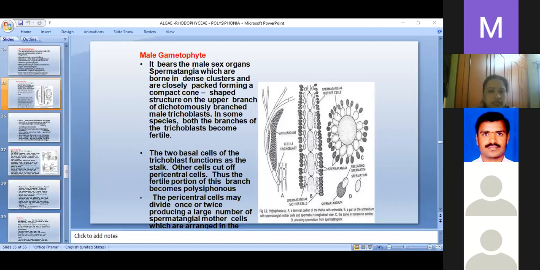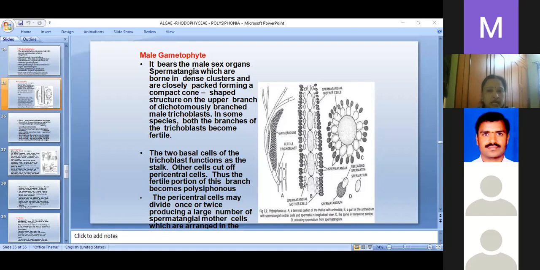The fertile trichoblast apical cells divide, with repeated divisions, to form the female trichoblast, which is 5 to 7 cells in height. The number of cells present is only 5 to 7 cells in height.